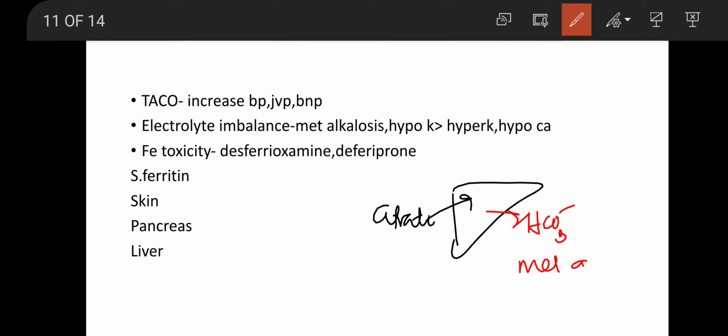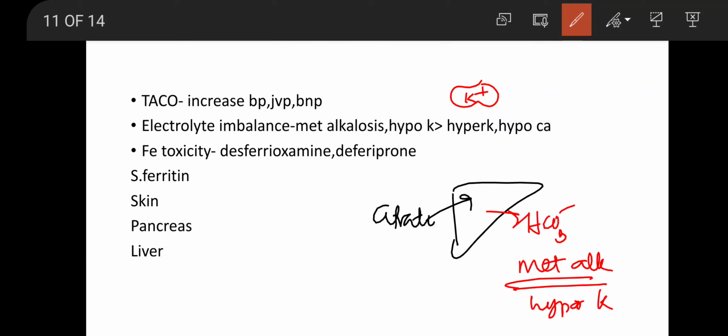So you get metabolic alkalosis. Hypokalemia and hyperkalemia can occur, but mostly it is hypokalemia. Hyperkalemia occurs because inside the RBC you have potassium, so because of lysis, potassium enters the blood when there is hemolysis. But hypokalemia is more common. Why? Because of metabolic alkalosis.